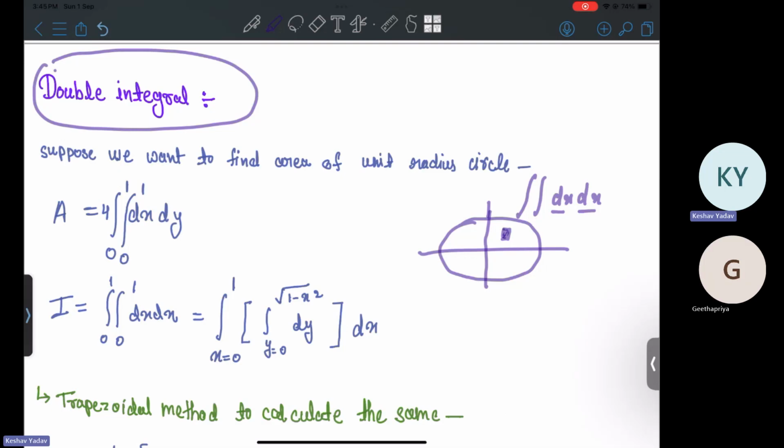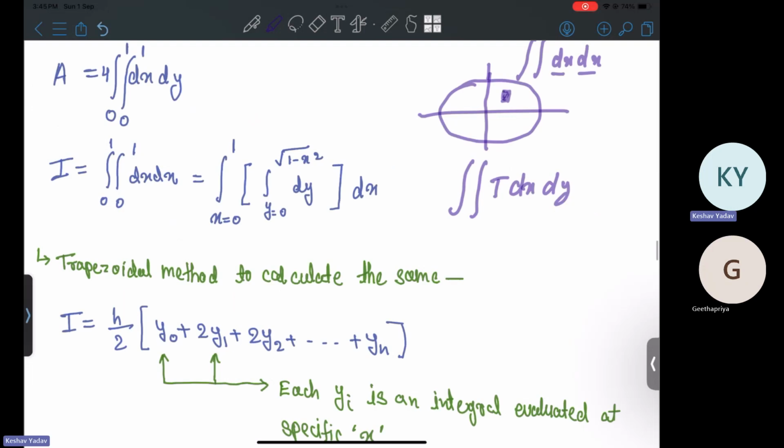Or if we wish to find some integral of t dx dy, then first we integrate t dx, then we integrate by dy. Okay, that means when we are doing this integration, we are assuming y as constant.